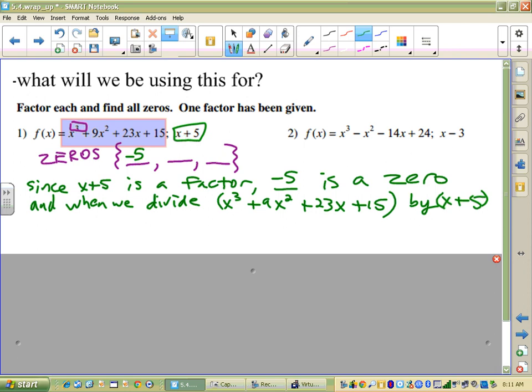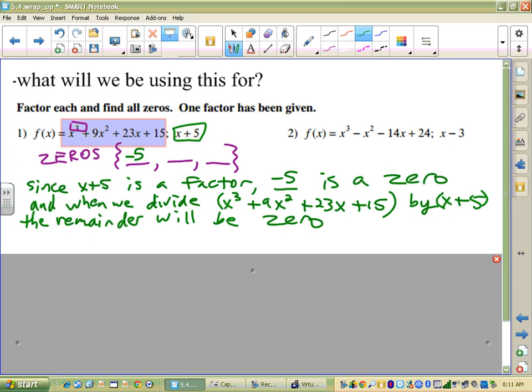We talked about this a couple days ago. We said if something's a factor, then what? Yes, the remainder is going to be 0. Nice, good. The remainder will be 0.